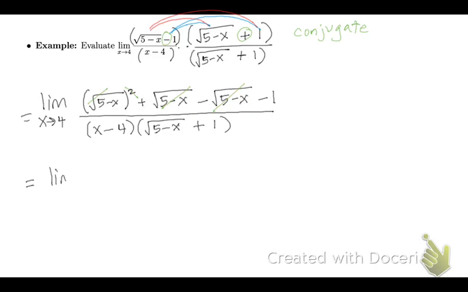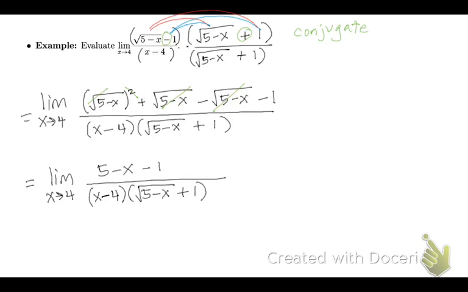Okay, so I've got limit as x goes to 4. Up top, my radicals disappeared, so that first term is just 5 minus x. The radicals in the middle disappeared, and I've got a -1. And then I've got on bottom x minus 4 and this radical here.